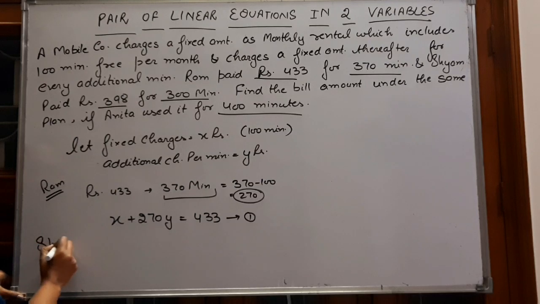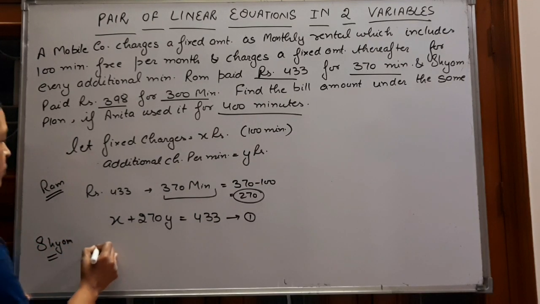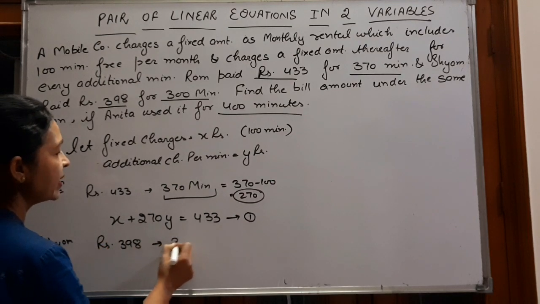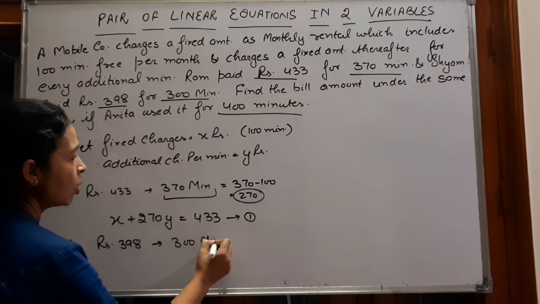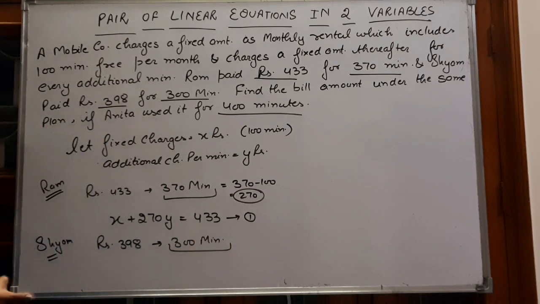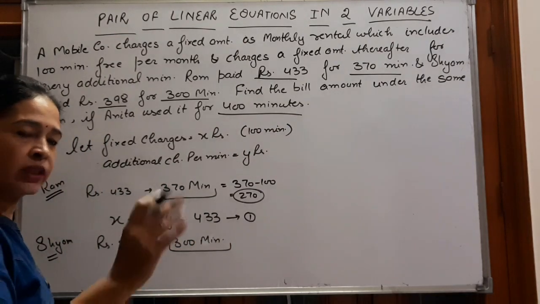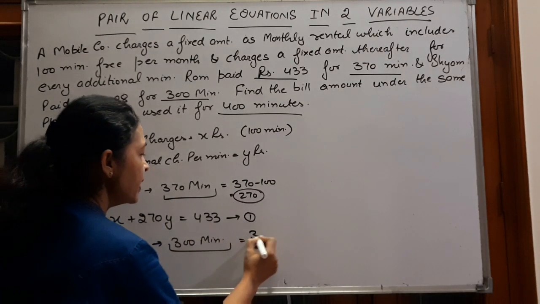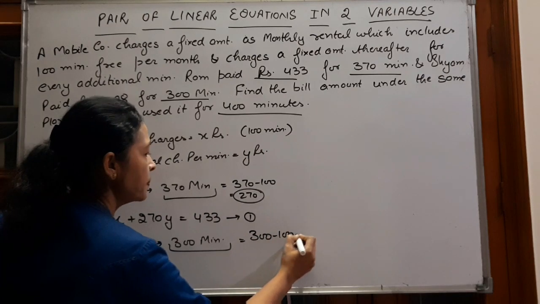What about Shyam? The bill of Shyam is rupees 398 for 300 minutes. Out of these 300 minutes, 100 minutes were free with fixed charges, and he has used additional minutes as 200.